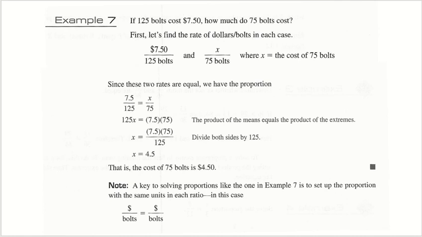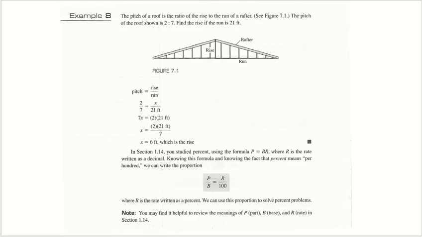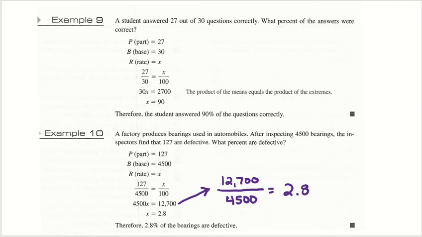Here is example number 7, finding the cost of bolts. Take a look at how that was done. Here is example number 8 on the pitch of a roof, how to find the value of the run. Example number 9 and 10, and here you're finding percentage in example 10, so we're using the value of 100 here.